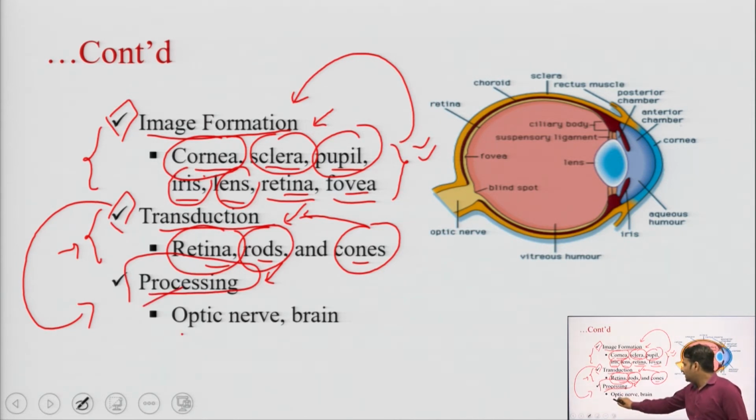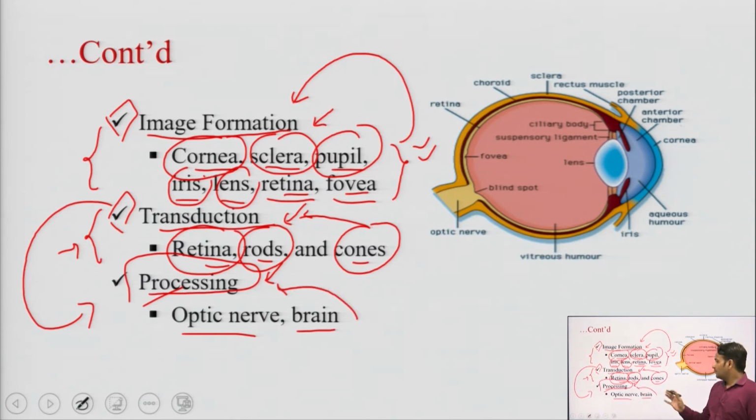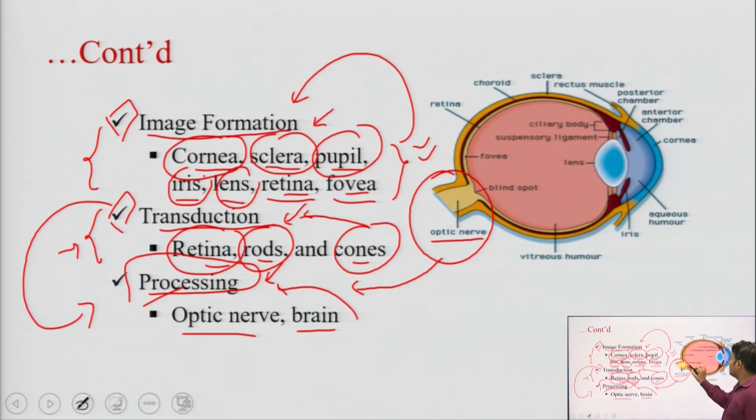So, the optic nerve to the brain comes into the picture to process the captured image. Okay. So, the optic nerve is useful for processing purposes. And one more important thing I will talk about here is called the blind spot. What is it?